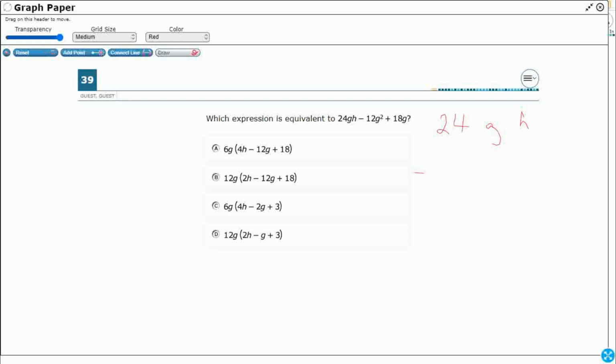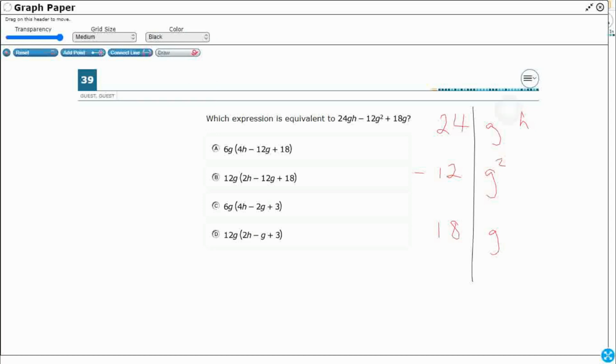Right, I've got a minus 12g squared, and then I've got an 18, which is positive g. Okay, so what do we have in common? Well, I put all of my coefficients in that first column.